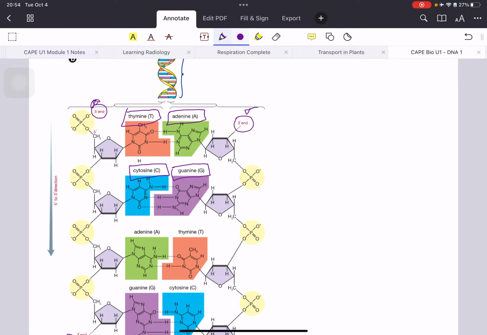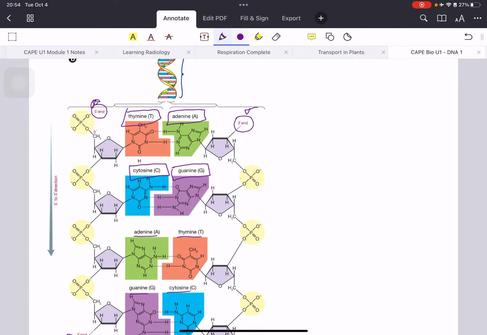You can see again adenine, thymine, guanine, cytosine. There will never be an adenine guanine. There will never be a cytosine thymine. The bonds could only be thymine to adenine, or adenine to thymine, or cytosine to guanine, or guanine to cytosine. That is how the bases pair up, and they will never be any different from that.